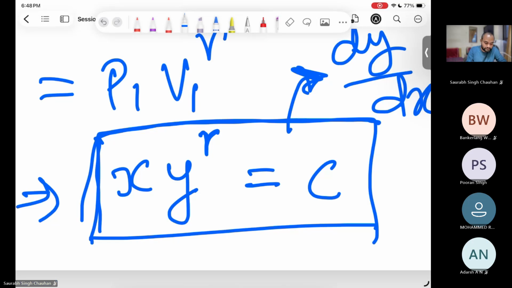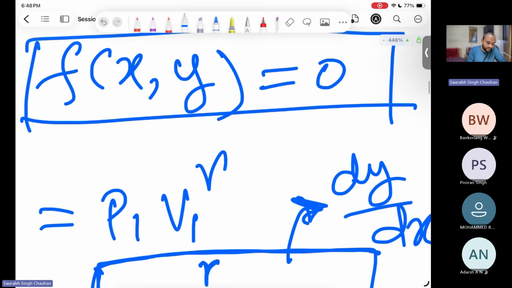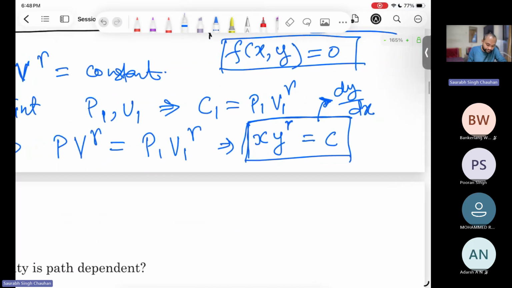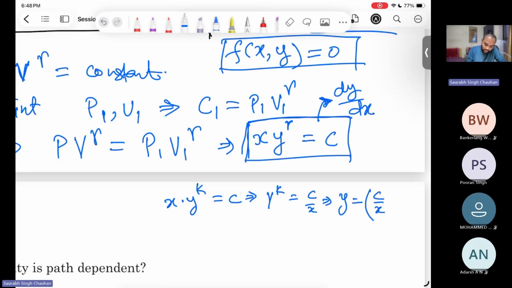Correct. Yes, sir. Because whenever you have this type of equation, x times y to the power of some constant, let us say k, equal to c, then you have y to the power k equal to c by x, or y equal to (c by x) to the power 1 by k.